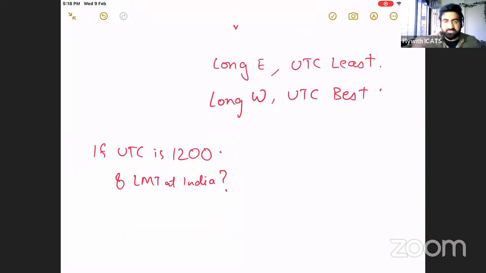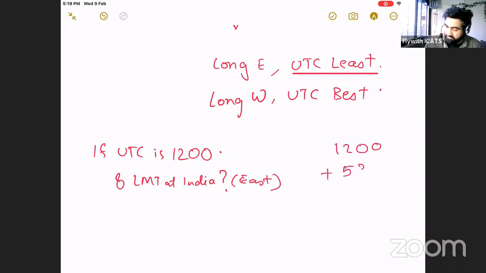So India is east. We know the difference, 5 hours 30 minutes. That difference as per the IST, why am I using here? Because if India is in east, then UTC will be lesser. And how will UTC be lesser? When you add 5 hours 30 minutes like this. So LMT at India would be 1730.